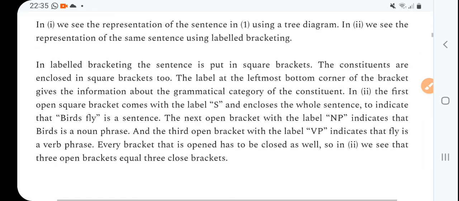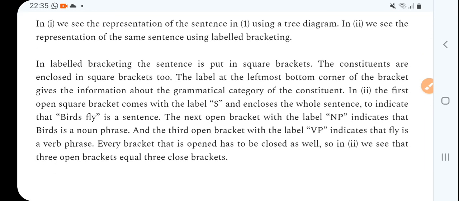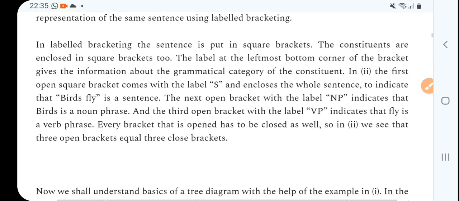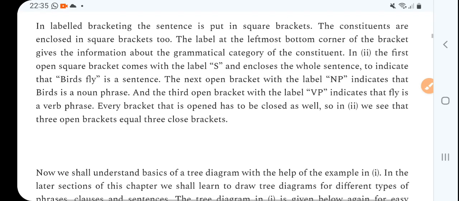Now, in the first we see the representation of the sentence using a tree diagram. In the second we see the representation of the same sentence using labeled bracketing. In labeled bracketing, the sentence is put in square brackets. The constituents are enclosed in square brackets too.